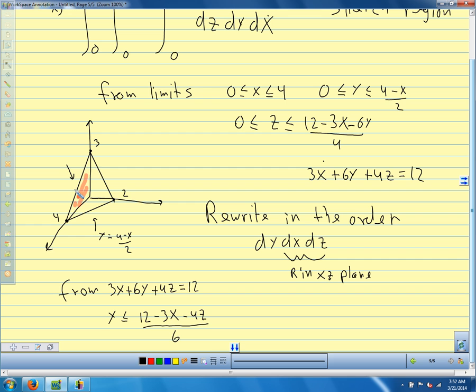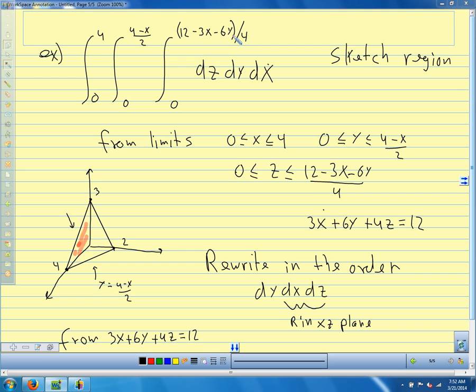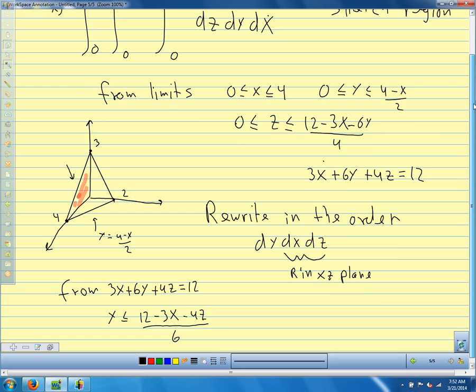So that tells us this distance from this little triangle up to our surface. And in the xz plane, we can let y equal 0 here, and we get the equation of this line.